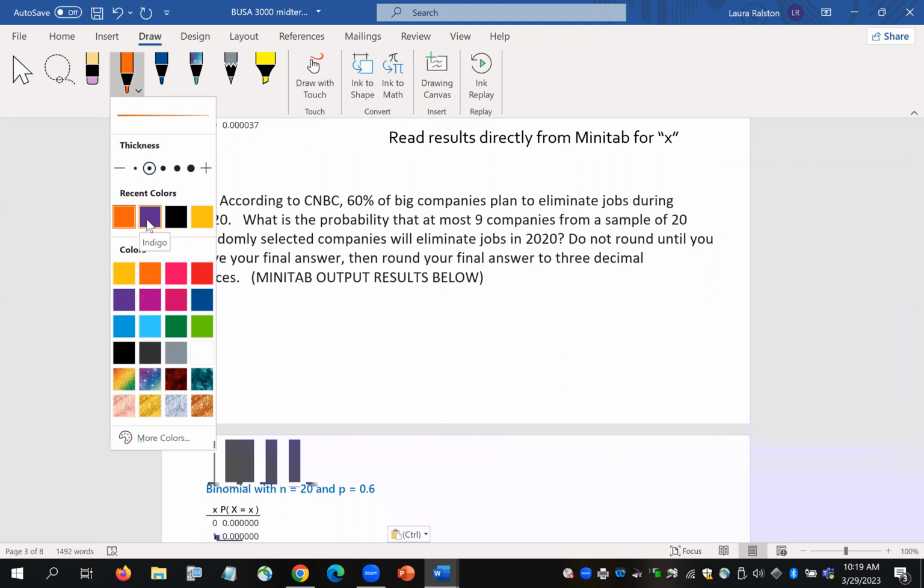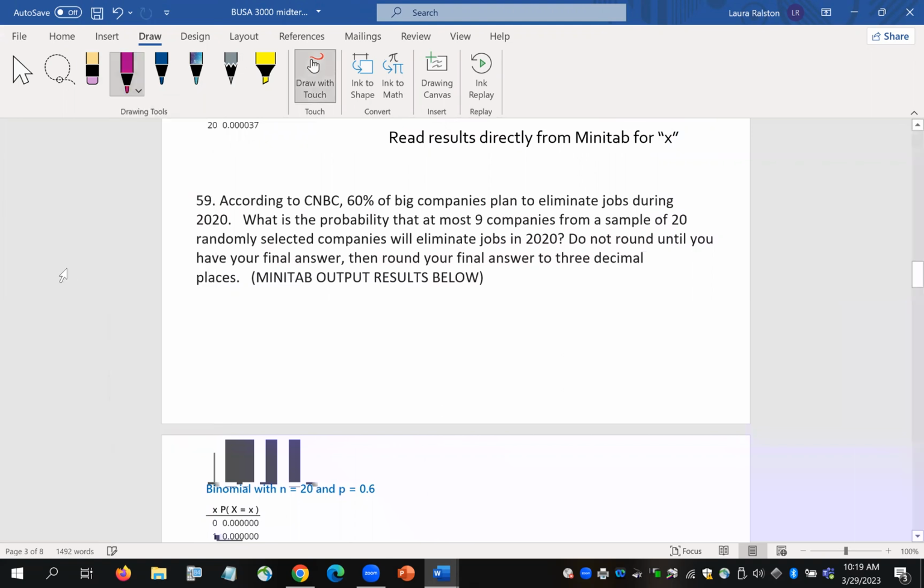Okay, so this one says, same scenario, according to CNBC, 60% of big companies plan to eliminate jobs during 2020. What is the probability that at most 9 companies from a sample of 20 randomly selected companies will eliminate jobs in 2020?